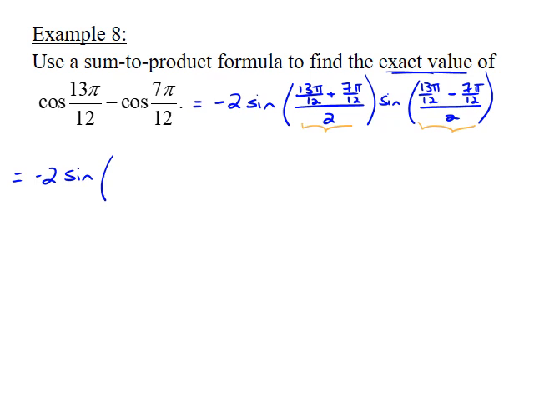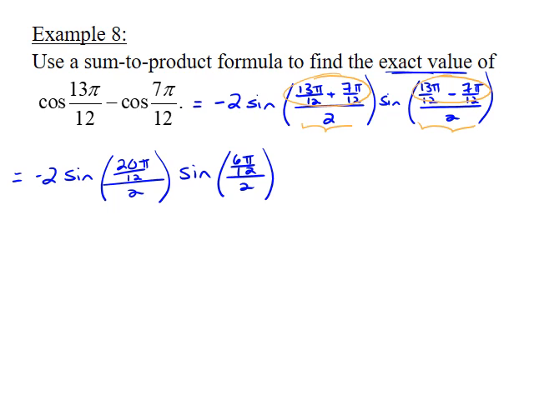When I add the numerators, I get 20 pi over 12 all over 2, and sine of 6 pi over 12 all over 2. I don't want fractions within fractions, so I'm going to correct this.